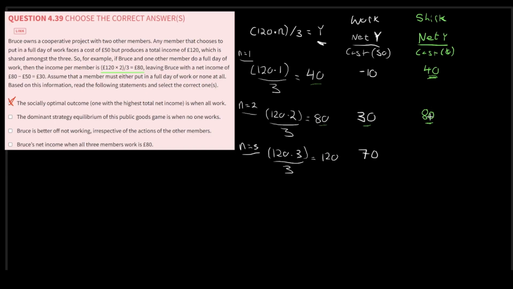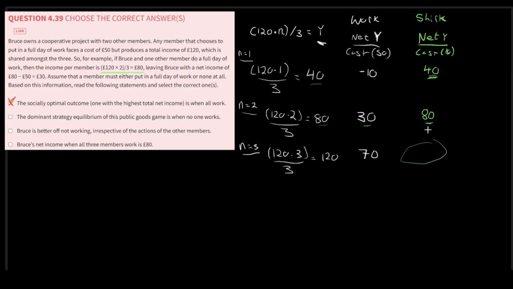And then keep in mind, what if all three of us show up? Well, in this case here, I'd still be better off not showing up and getting the 80 than showing up and only getting 70 split three ways. So in this case here, I don't even have an incentive to consider that. Like we said, it's undefined, but I wouldn't want to show up to be the third person because I'm actually earning more free riding and not being there for when there's the two other people working.